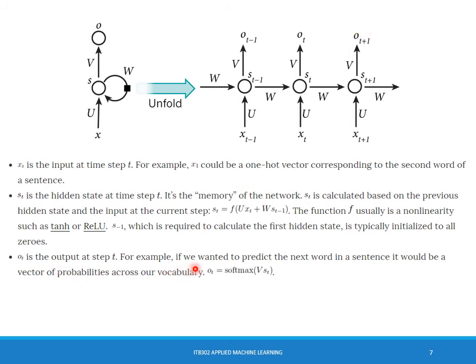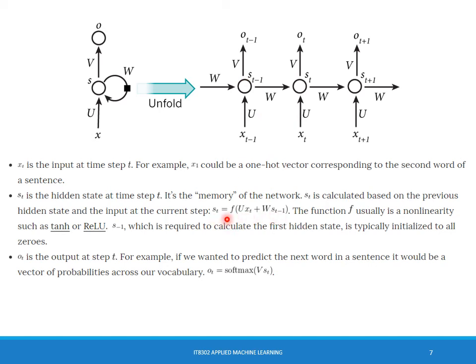Now, the output itself will be passed through some sort of activation function as usual. The structure of this neural network is the same as what we normally get in any neural network. After the linear combination of the weights with the input values from the previous state and the weighted sum of the input values, some sort of activation function is applied to the weighted sum of these two.